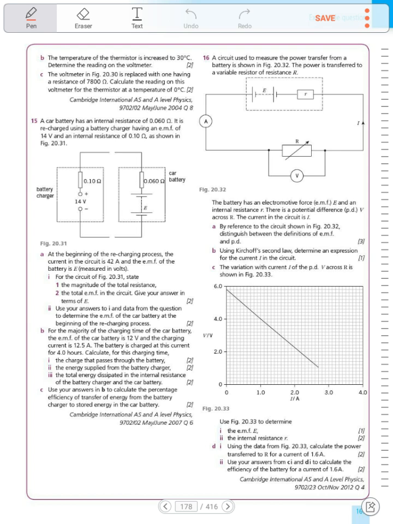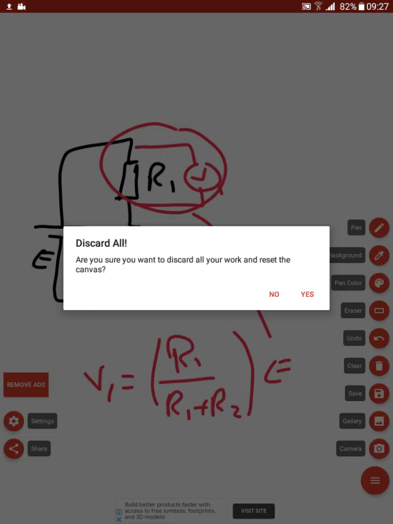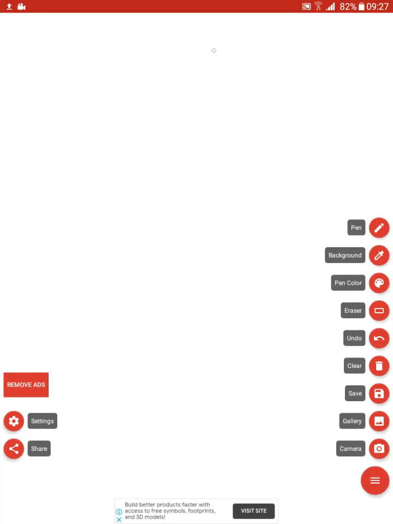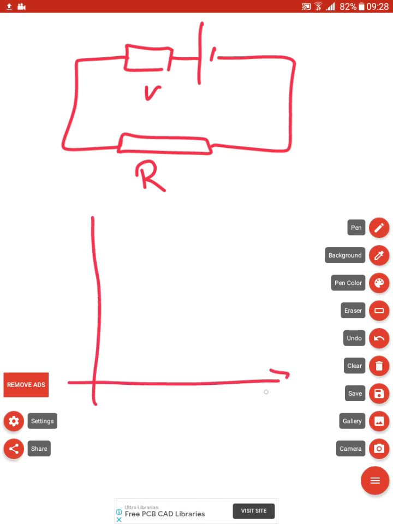Let's talk about the relation between EMF and internal resistance. We have here the battery internal resistance, and here the load resistor. If we draw the relation between the voltage against current, we will have a reading like this.